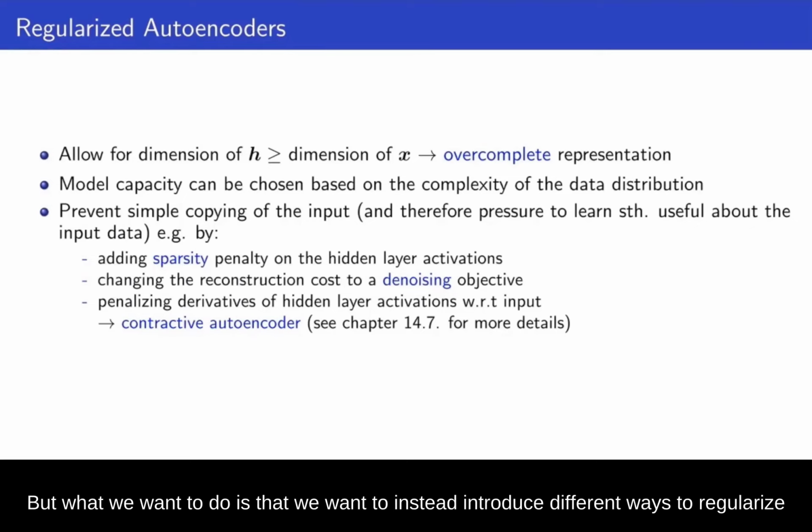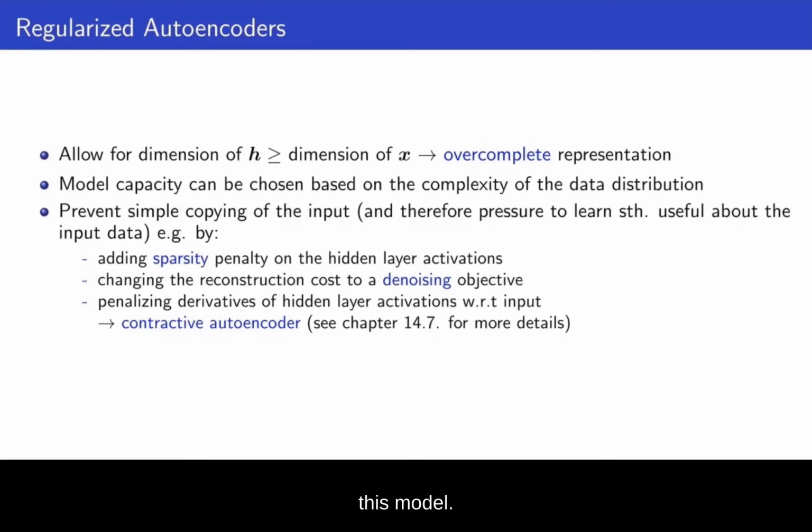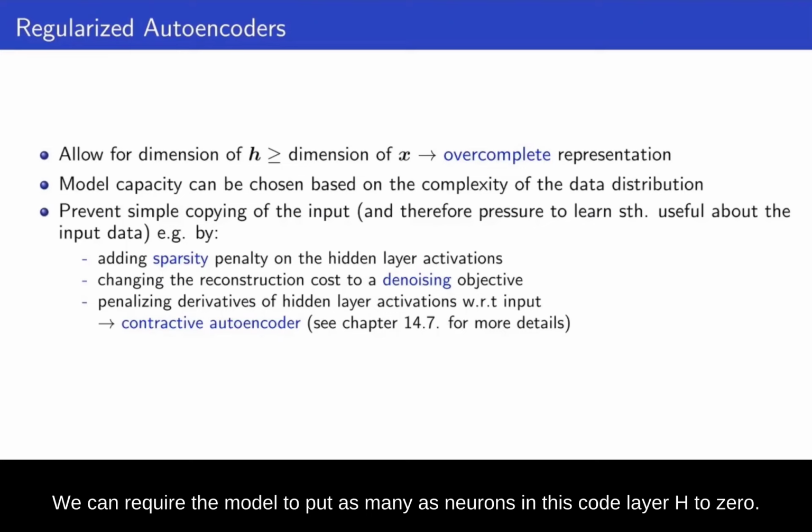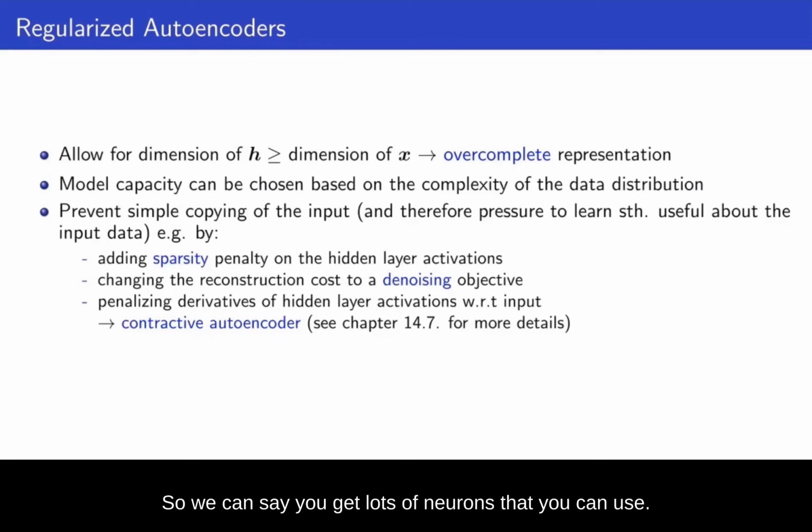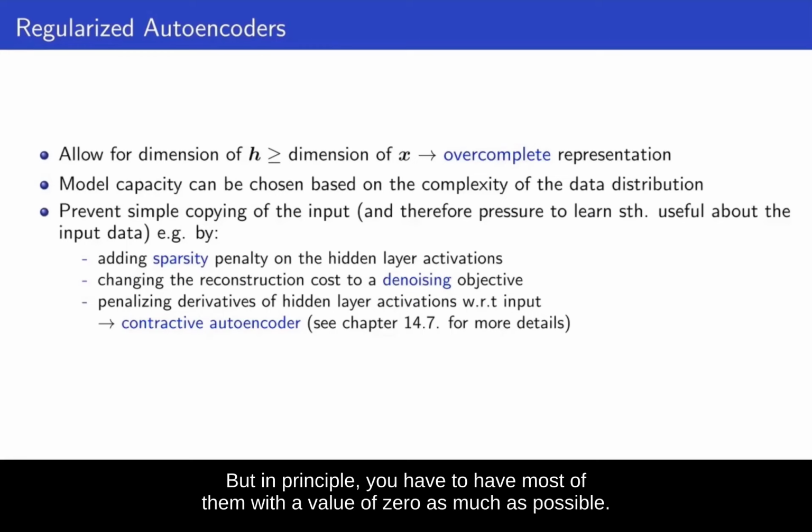But what we want to do is instead introduce different ways to regularize this model. So we can, for instance, add a penalty. We can require the model to put as many neurons in this code layer h to 0 as possible. So we can say you get lots of neurons that you can use, but in principle, most of them must have a value of 0 as much as possible.